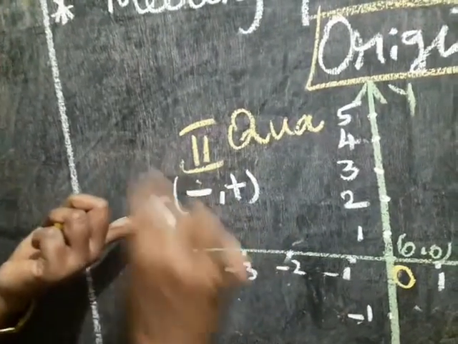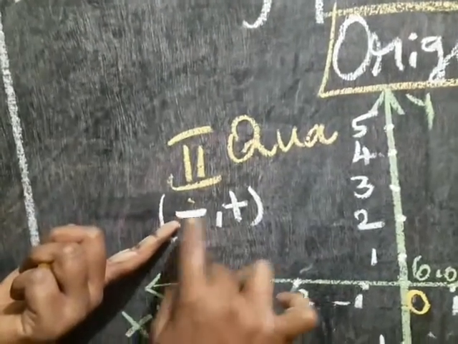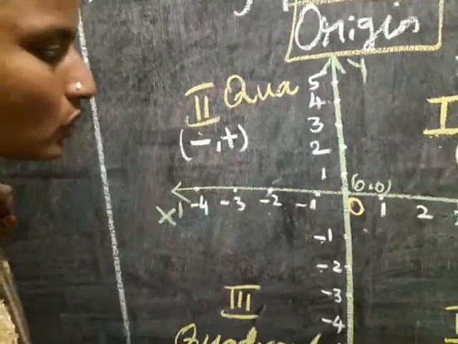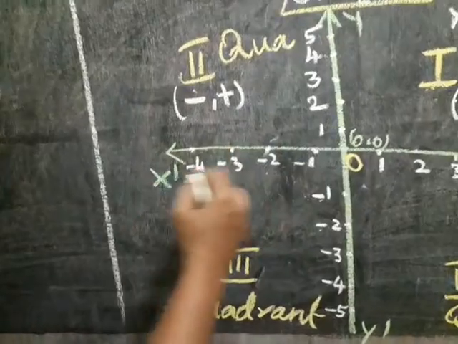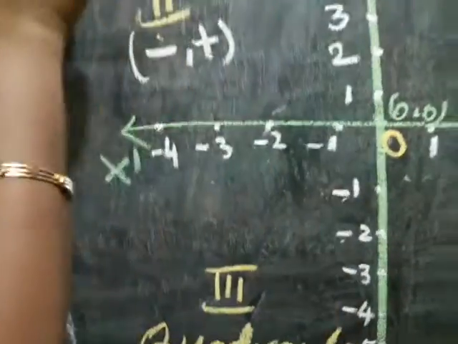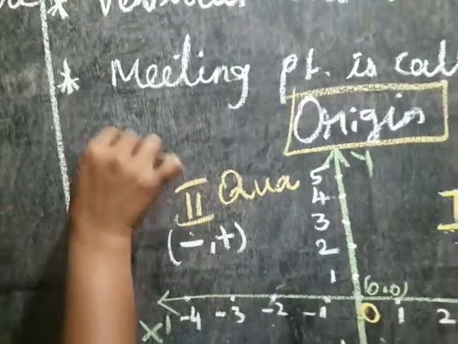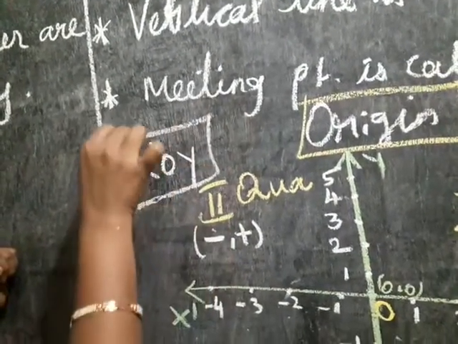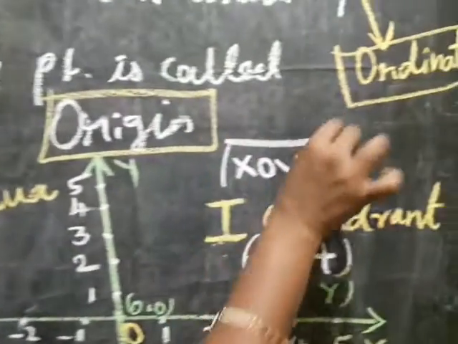So you put the sign minus comma plus. How to say the second quadrant? X dash o y is the second quadrant. The first quadrant is x, o, y.